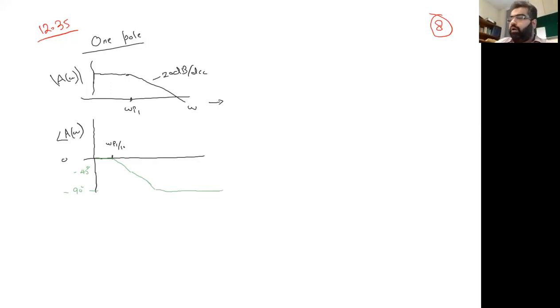As opposed to that, if I have a two pole system, what will happen? Say those two poles are far from each other. If they are far from each other, we are okay with that. We just have to individually take their role, that omega p1 is here and omega p2 is here. They are separated by at least a 100 times difference, the same condition which we used, that omega p2 is equal to 100 times omega p1.